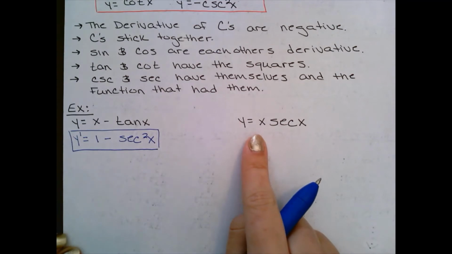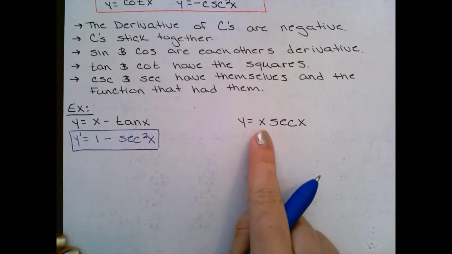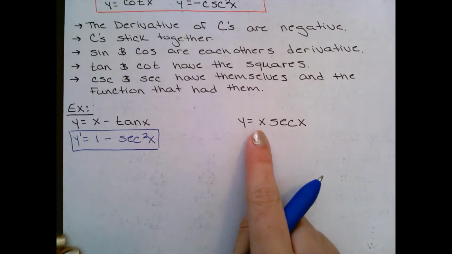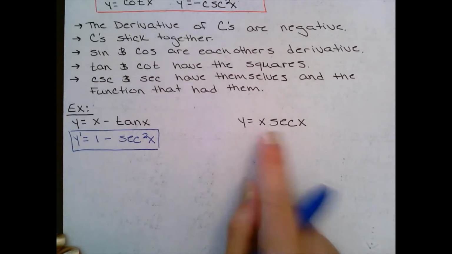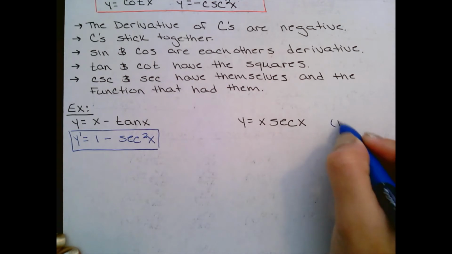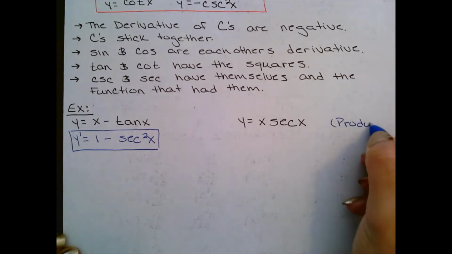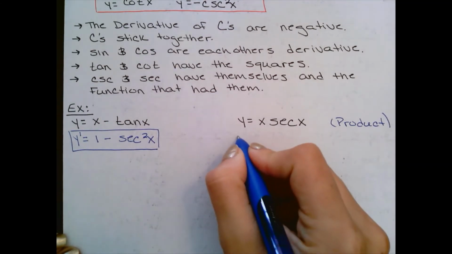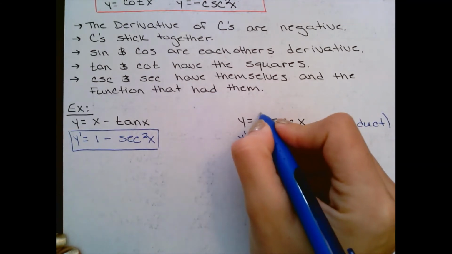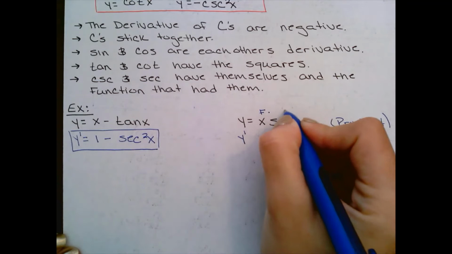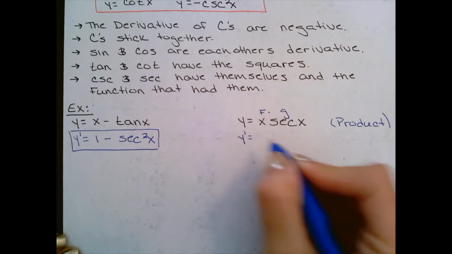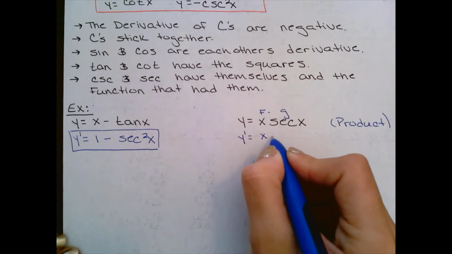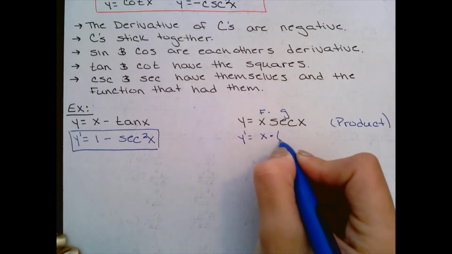Let's look at this next one. Y equals x times secant x. Well, when two functions are separated by multiplication, I know that I have to do the product rule, which we learned last lesson. Okay? So y prime, if this is my f and this is my g, I have to do first times derivative of the second.